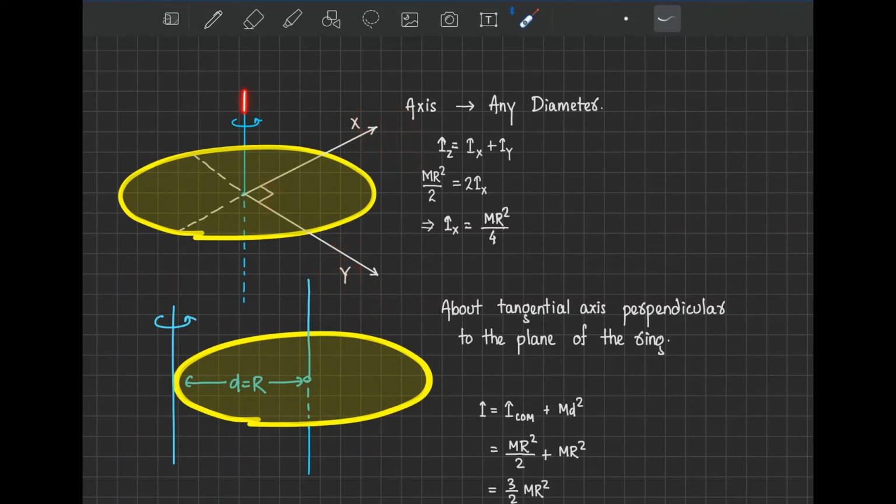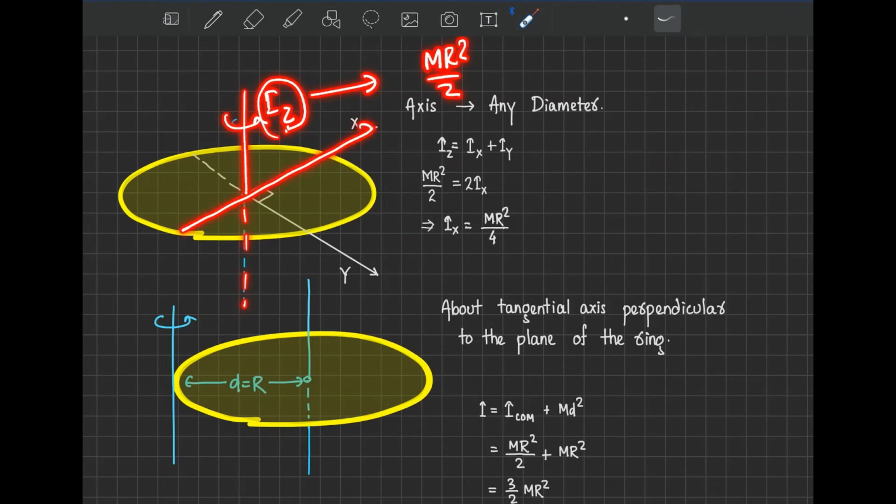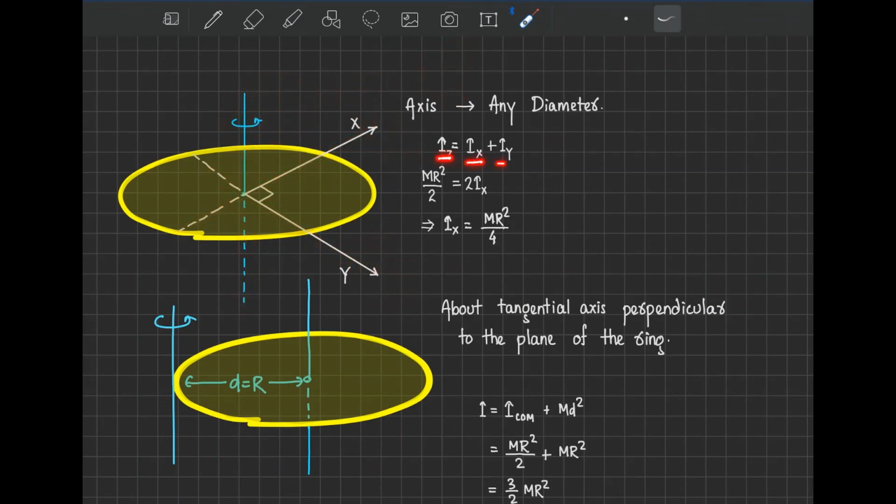Now if we choose this axis as the z axis, we already know the z axis moment of inertia is mR square by 2, we just derived it in the previous slide, right? So according to our perpendicular axis theorem, this Iz must equal the summation of Ix and Iy. So we are writing Iz equals Ix plus Iy.